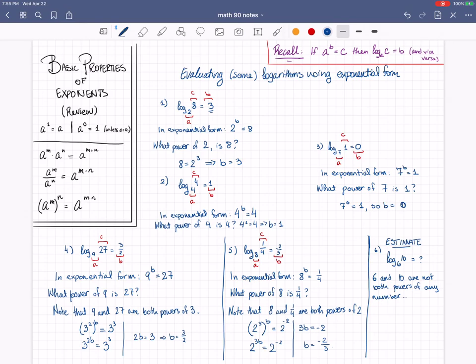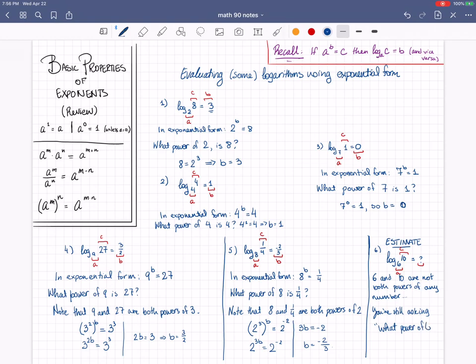But you do know, fundamentally, it's the same question, right? We could still say, this is my A, this is my C, this is my B. So you're still fundamentally asking the same question. You're still asking, what power of 6 is 10?